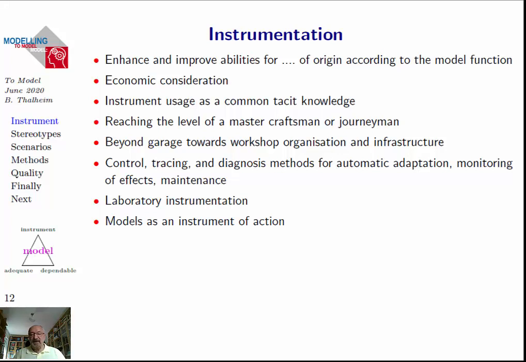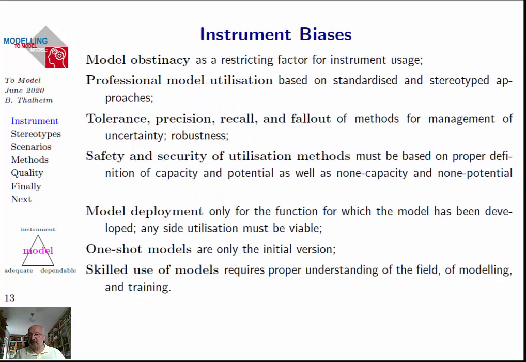That means we have maybe a workshop organization and infrastructure. Instrument usage means also to be able to control, to trace, to diagnose what is done. And we need a proper instrumentation, and the model is in this case used as an instrument of action.